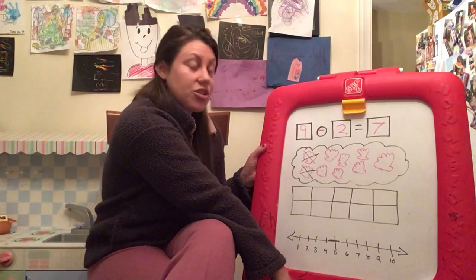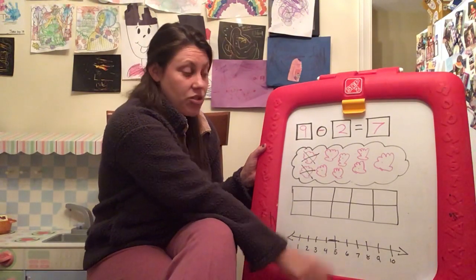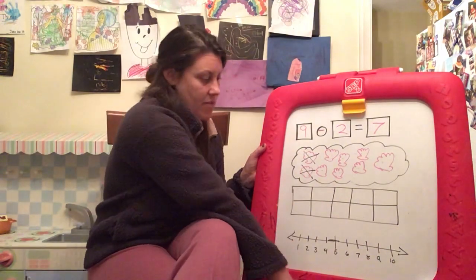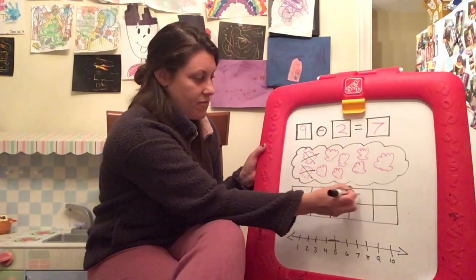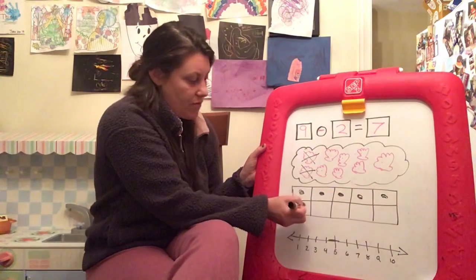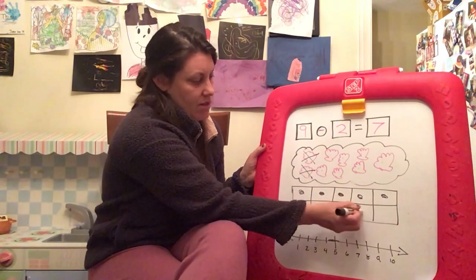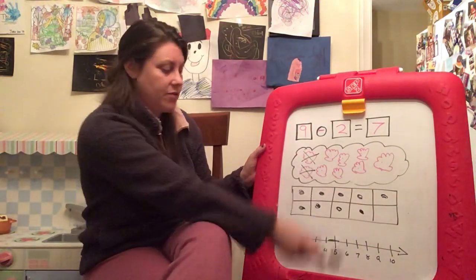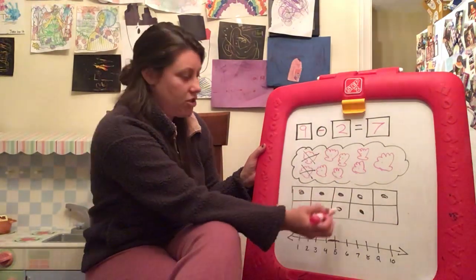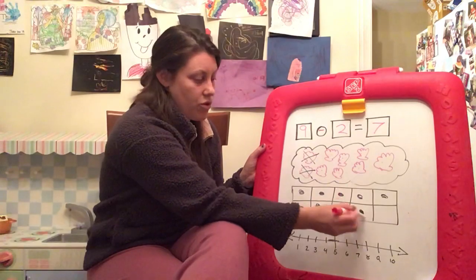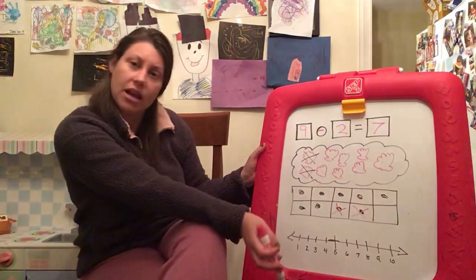That's great. So now, let's use our tens frame. All right, I'm going to put 9 in here. All right, there's 9 in my tens frame. Now, how many are we going to take away again? 2. So you can erase it or you can cross it out.